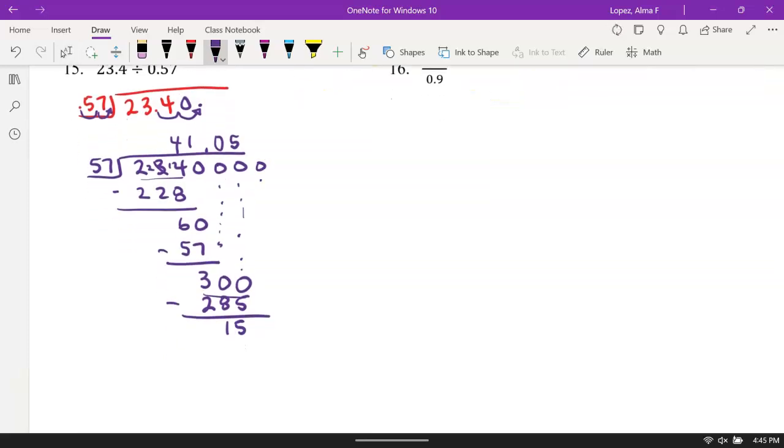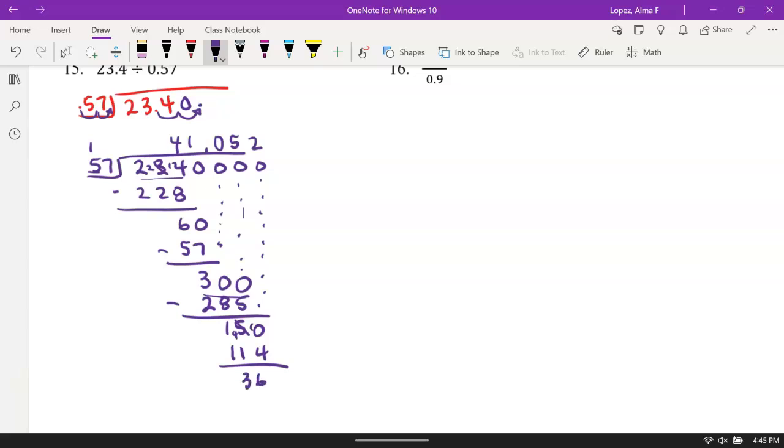Okay, I'm going to need another 0 because I need 3 decimal places in order to be able to round to the hundredth spot. 57 goes into 150 twice. 2 times 7 is 14. Carry that. 2 times 5 is 10 plus 1 is 11. When I subtract, let's see, borrow, I get 36.